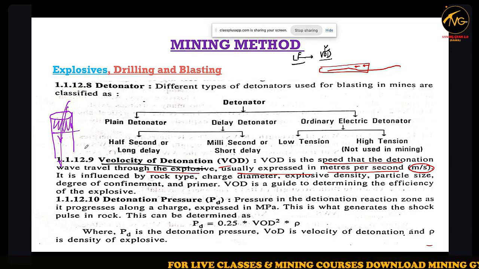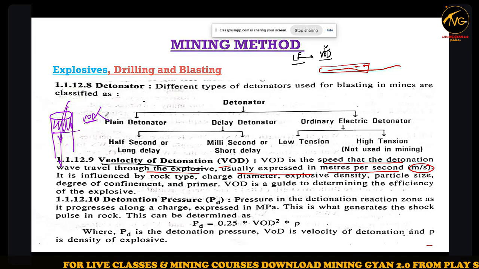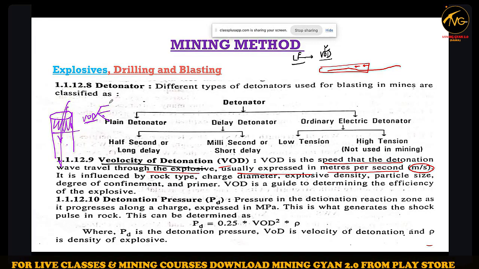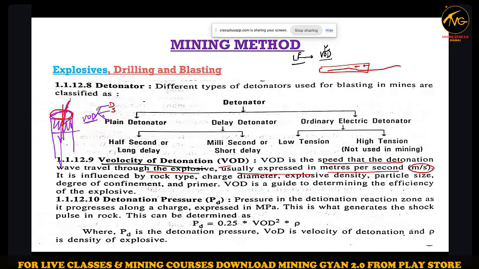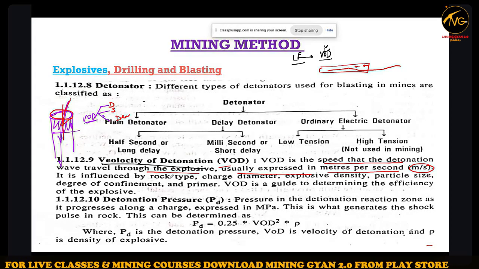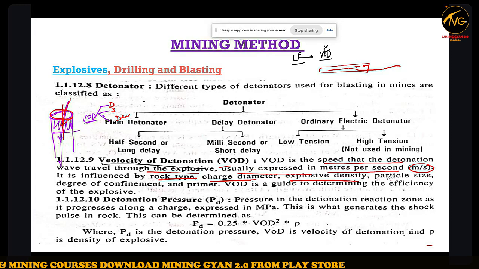So for VOD, which things will affect it? First, the diameter of the hole. Second, stemming. Third, the detonator itself and the explosive itself. And fourth, density of rock. So rock type, charge diameter, explosive density, particle size, degree of confinement, and primer.